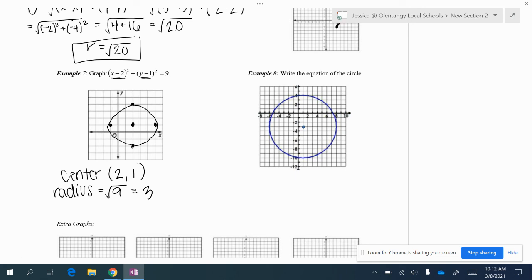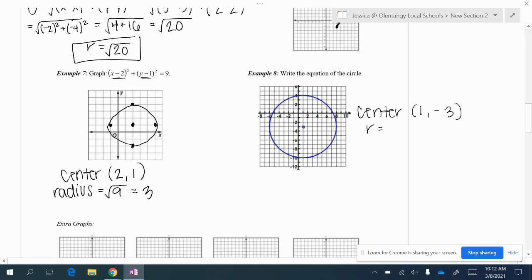Example 8: write the equation of a circle. Again, identify our center. Our center is (1, -3). Then to find our radius, you are just going to start at the center. Always count right, left, up or down, horizontally or vertically. Do not count diagonally.